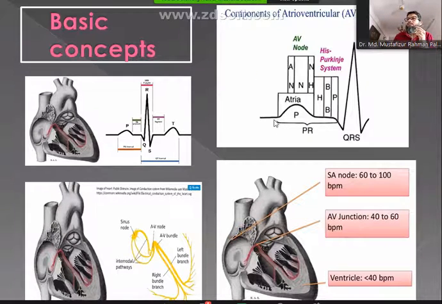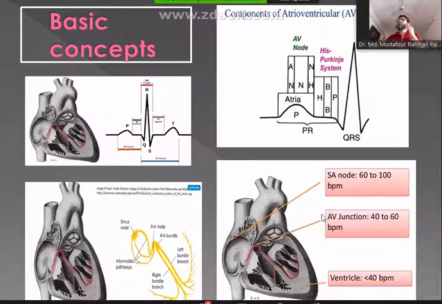Before the P wave, the SA node fires and the P wave starts. Depolarization starts, and the impulse passes through the atria to the AV node, then from the node to the His. The rest of the PR interval is the His bundle, then the Purkinje. After going to the Purkinje, depolarization occurs and the QRS is produced.